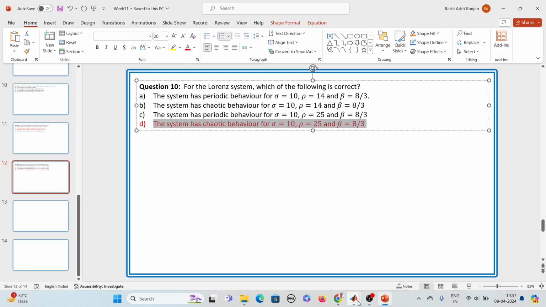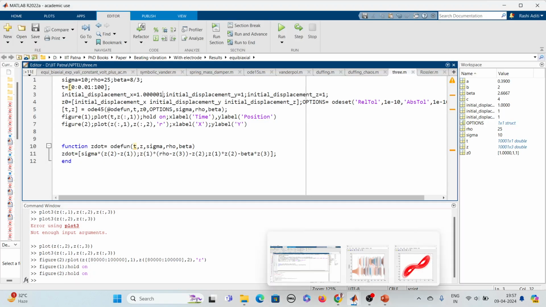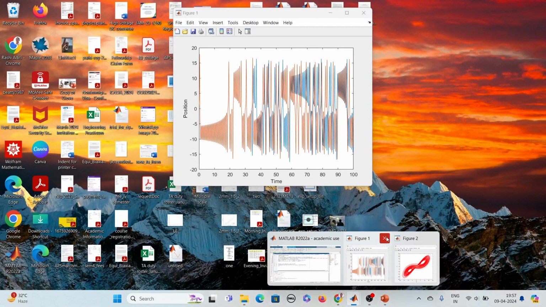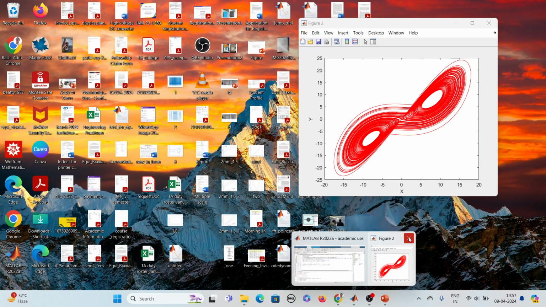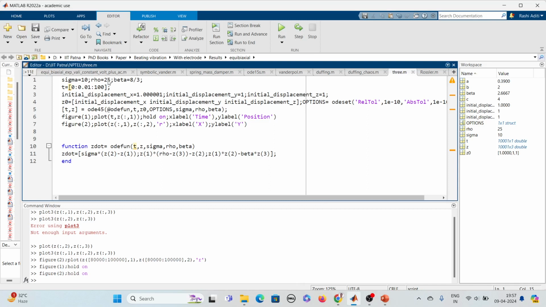However, since we have considered this, we'll try to look into the behavior with the variation of the parameter. We'll take 15. We'll run the code.